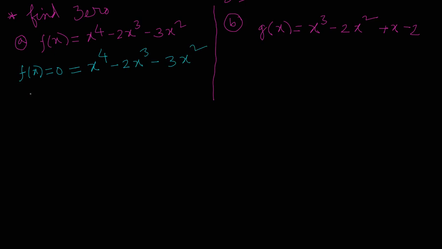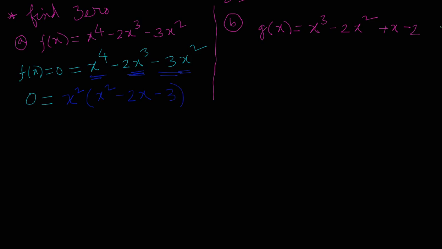From all these three terms, I can take x square as a common term. What I am left with is x square from the first term, negative 2x from the second term, and negative 3 from the third term.